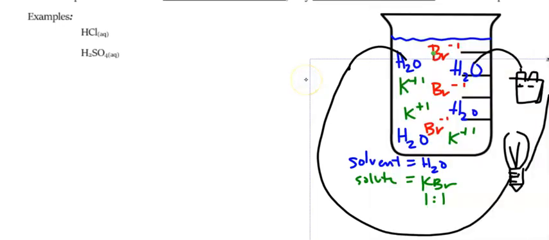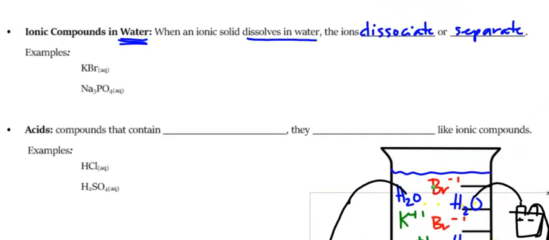You're going to see this light bulb will light up and electricity will flow, the electrons through here from wire to wire, because we have positive and negative. So that's an electrolyte. So ionic compounds will always be electrolytes.